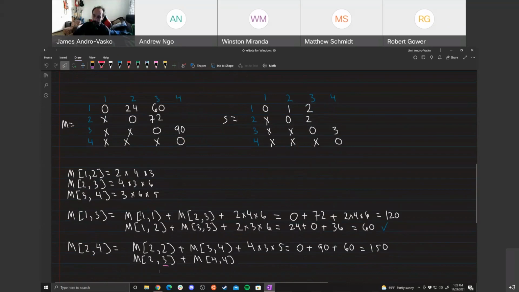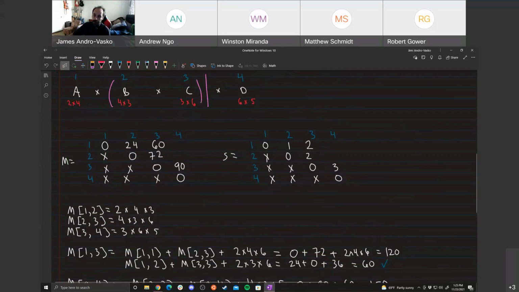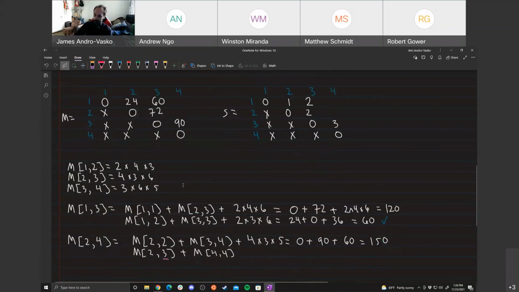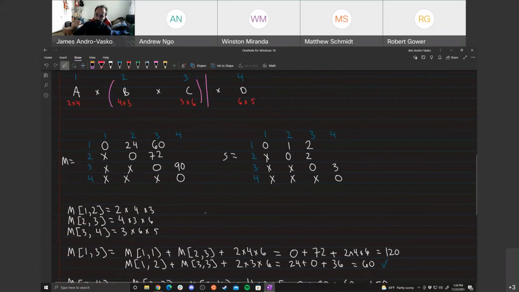I already have M2,3, that's going to be 72. I computed this earlier, so I don't have to recompute that. It's right there. And M4,4, well, that's 0.